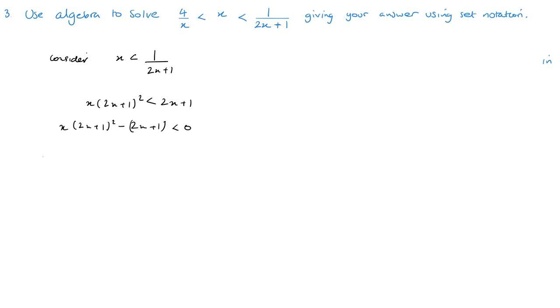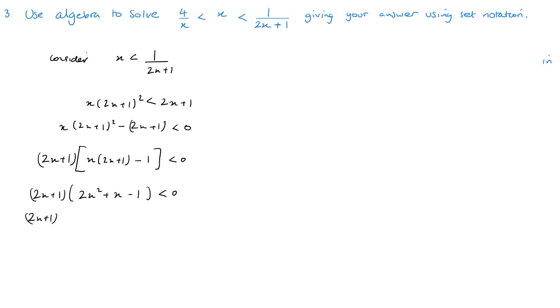So for this now I can factorize out 2x plus 1, and then that leaves me with x(2x plus 1) minus 1. Now I'll expand and simplify inside the brackets, and then this time it's not the formula, it'll factorize, so 2x and x, and it's 2x minus 1, x plus 1, I think. 2x squared, 2x minus x gives me plus x, and minus 1 times 1 gives me the minus 1.